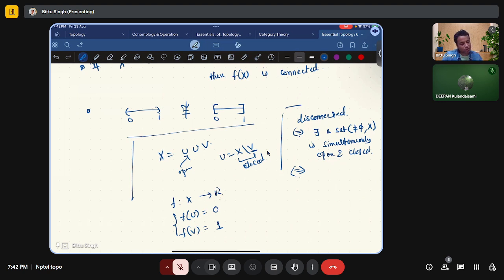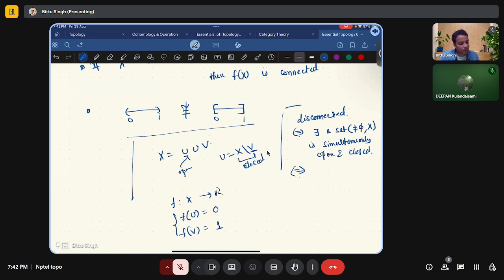Take any open set, if it contains 0, this will give me U. If it contains 1, this will give me V. If it contains both 0 and 1, that will give me U union V, which is X, again open. If it contains neither 0 nor 1, the f inverse of that set will be empty. So it becomes continuous if we define it in this way.